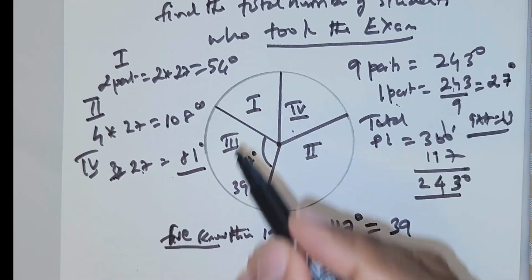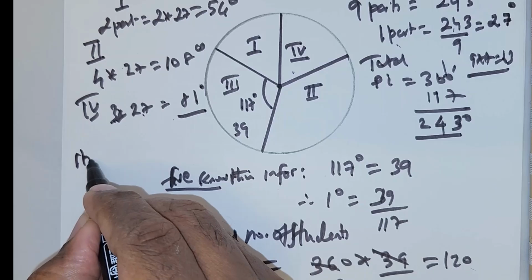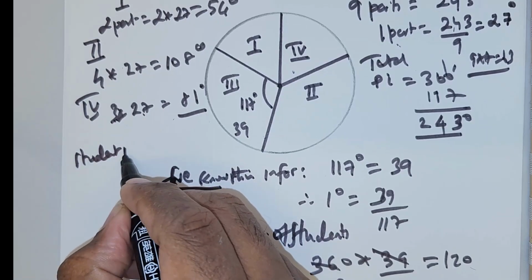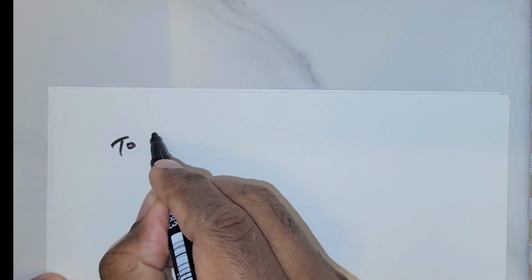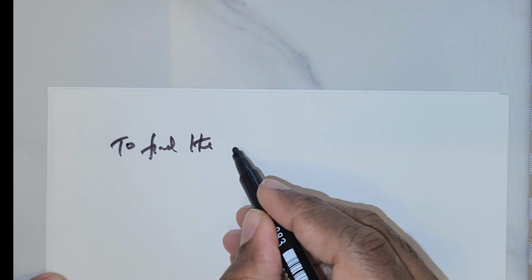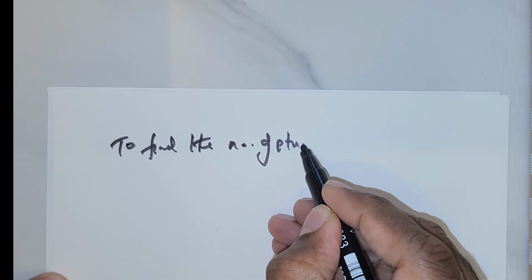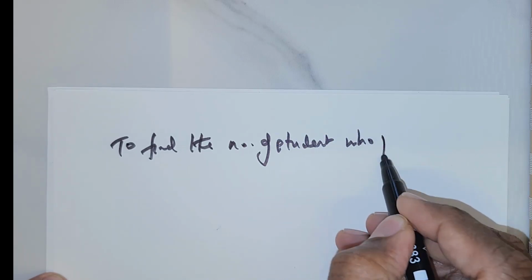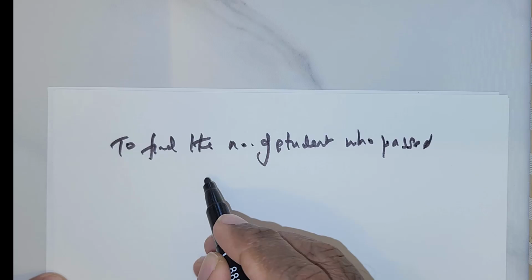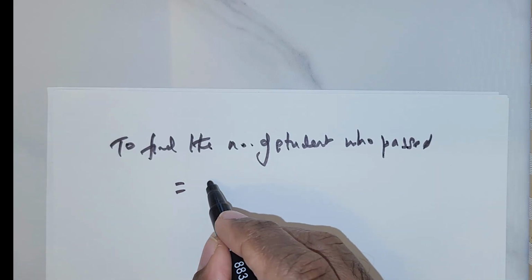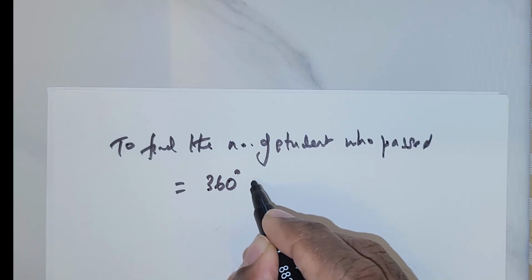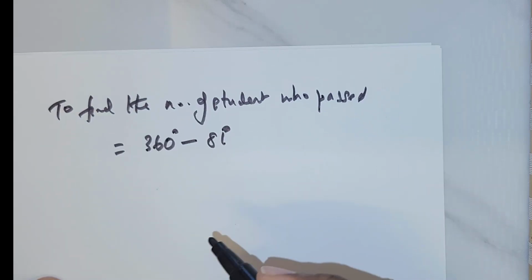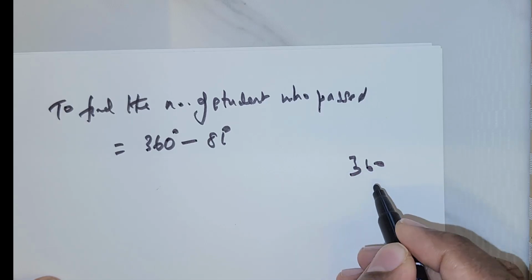But we need only students who passed. To find the number of students who passed, we will have to take away 81 degrees from 360 degrees.